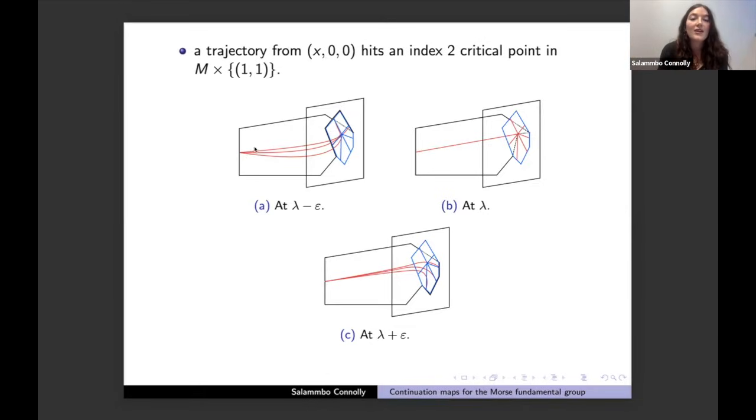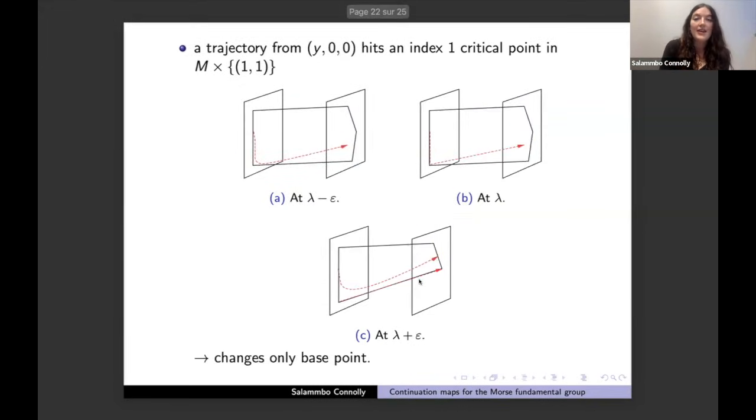What happens here is that before this angle lambda, the steps that appear in the image go around one side of the unstable manifold of this index 2 critical point, and then at lambda plus epsilon, you end up going around the other side. This is not the same loop, but it's in the same equivalence class.